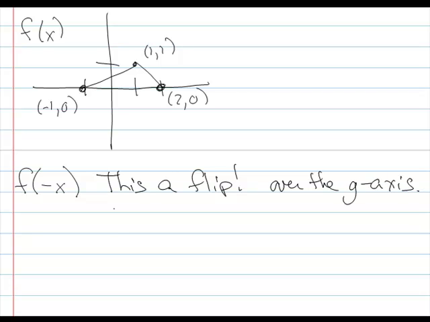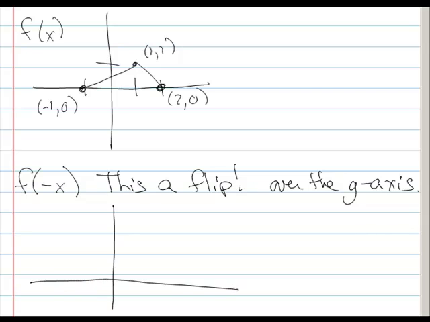So what I need to do for this, even though I have absolutely no idea what the function looks like, all I have to do is take this original function up here and flip it over the y-axis. So this point that was over here at (1, 1) gets flipped over the y-axis and comes over here to, let's see, that would be (-1, 1).